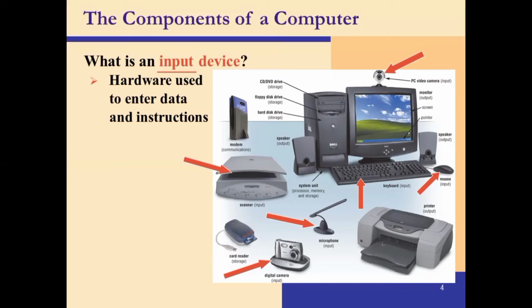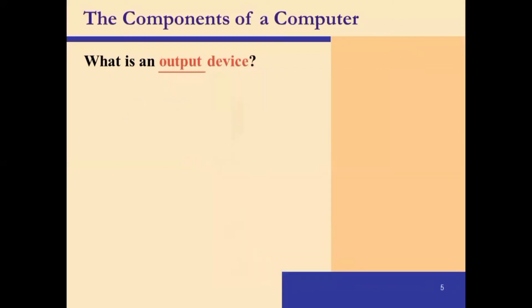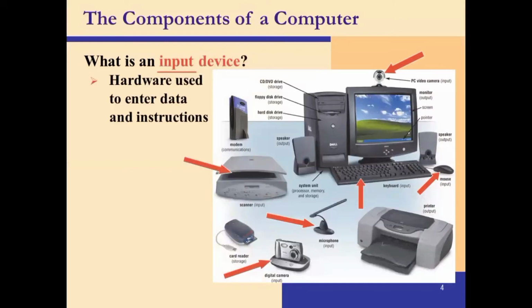So digital camera, these are the input devices. These are the devices that allow us to give instructions to the computer. Understand? Now, both of you, any one of you describe input devices in your own words, so that I can see if you understand what I'm trying to teach you.